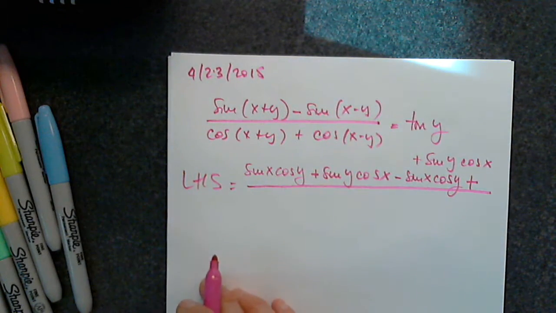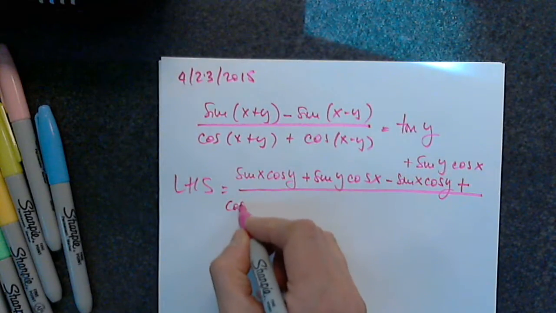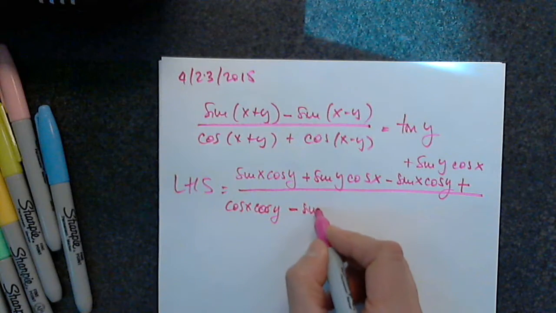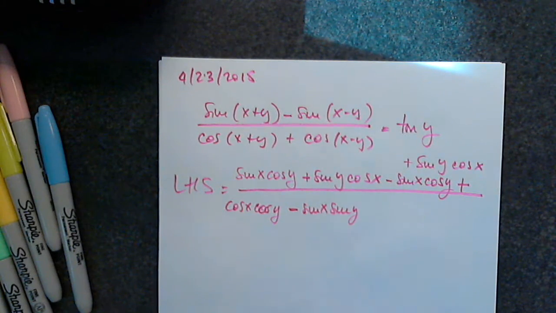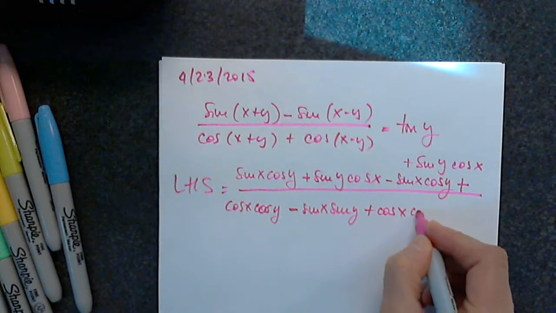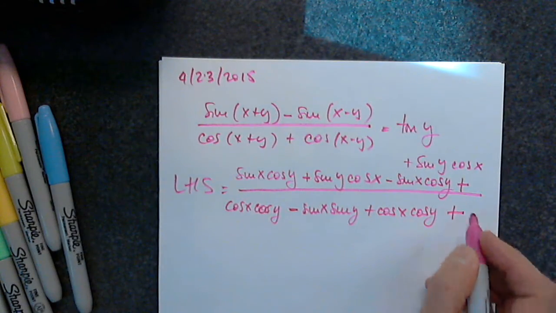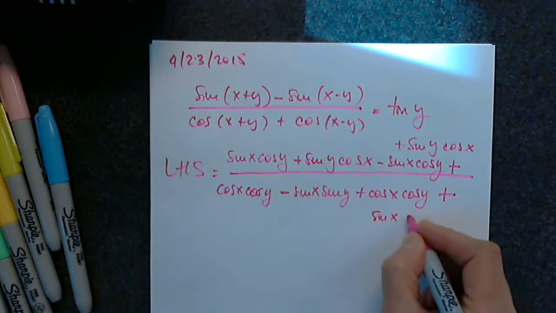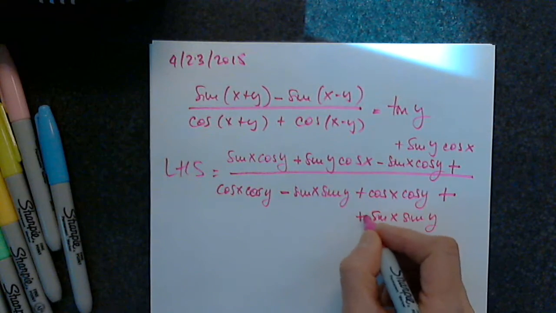Now the denominator is cosine x cosine y minus sine x sine y, plus cosine x cosine y and plus, this is the only one with twisted symbol, plus sine x sine y.